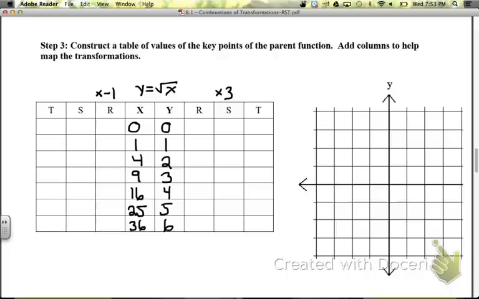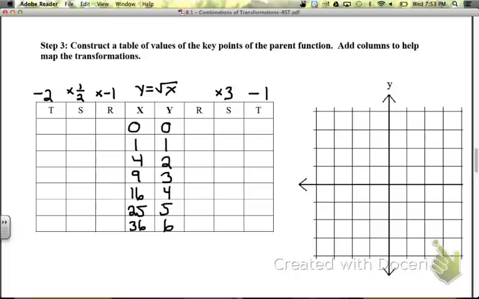Next, we have a horizontal compression by a half, so we multiply our x values by a half. Then it's left 2 units. Again, it affects our x value, so we subtract 2. And then down 1 unit, so that affects our y values, so -1 in our translations.